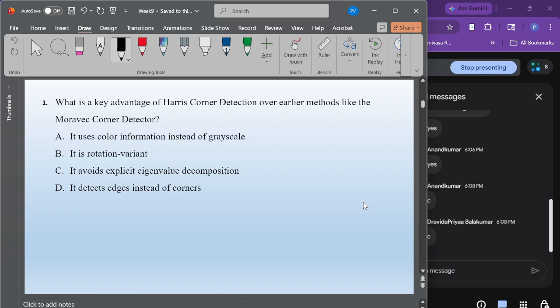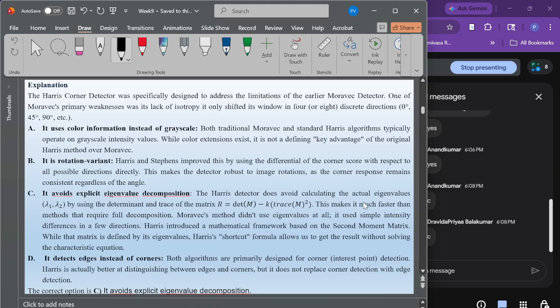Let's see the detailed explanation here. We will go through the options and check which one is correct. First we will see what the Harris corner detector and the Moravec detector are. The Harris corner detector was specifically designed to address the limitations of the earlier Moravec detector.